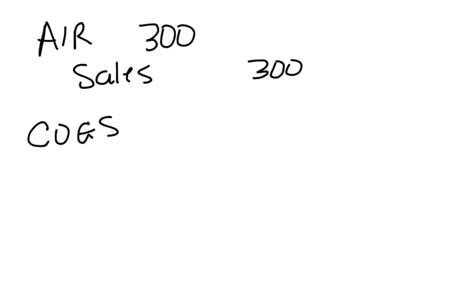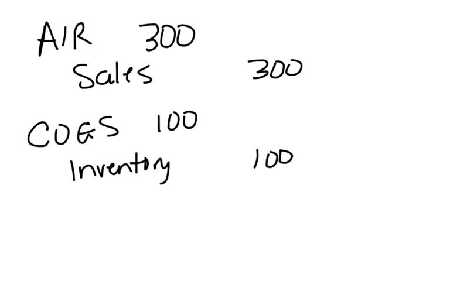Let's say that that merchandise cost me, I don't know, $100. So I'm going to debit cost of goods sold, increase it by $100. This is like an expense account. And then I'm going to credit the inventory account because that inventory is gone. It literally left my building. You took it with you, or the customer did. So we need to decrease that account. We don't have that inventory anymore.